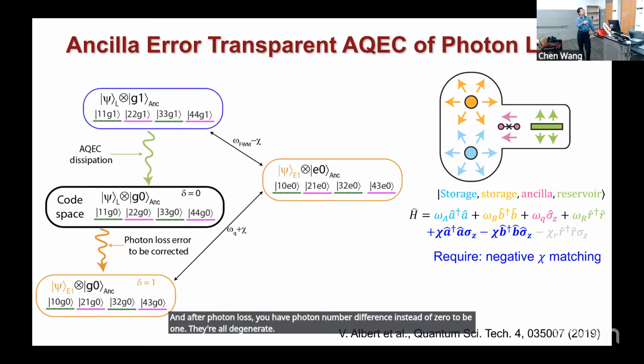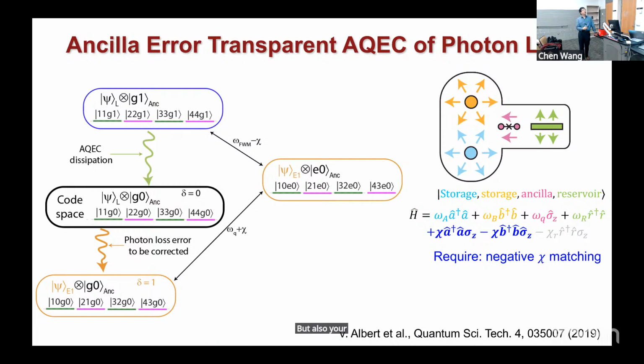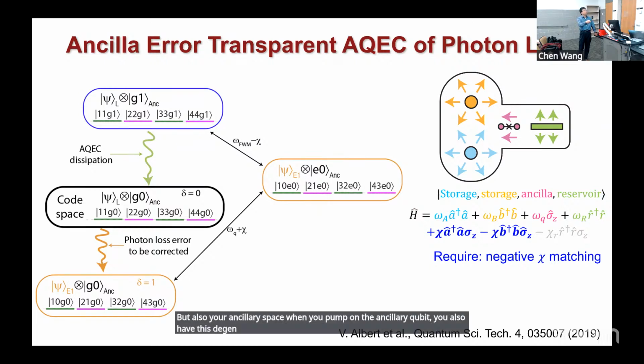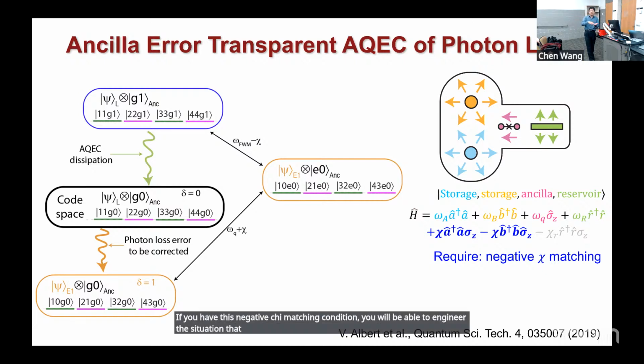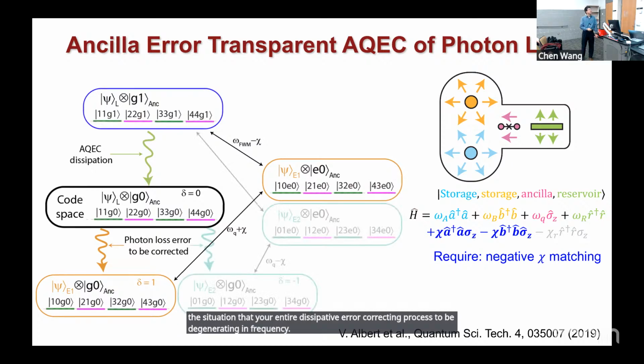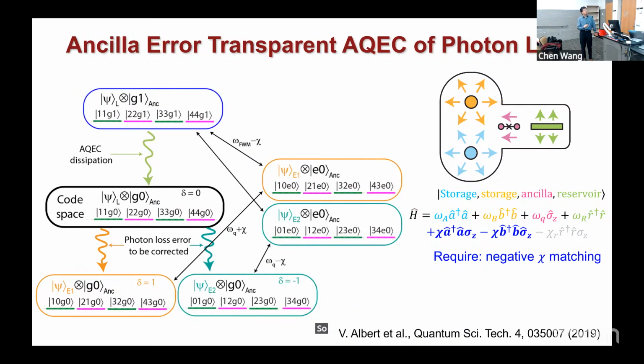But also your ancillary space, when you pump on the ancilla qubit, you also have these degenerate intermediate states, because all these states have photon number difference equal to +1. And if you have this negative chi matching condition, you will be able to engineer the situation so that your entire dissipative error correcting process is degenerate in frequency. So this is a strategy we're going after currently in the lab.